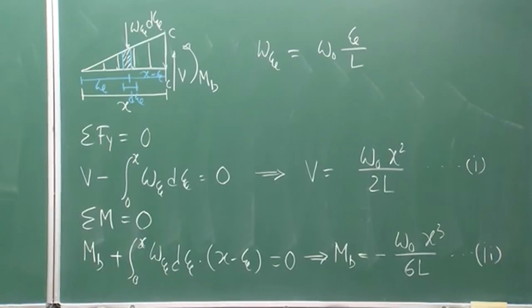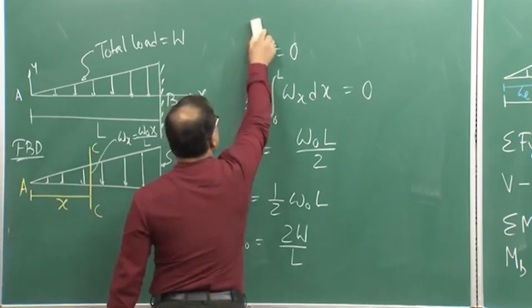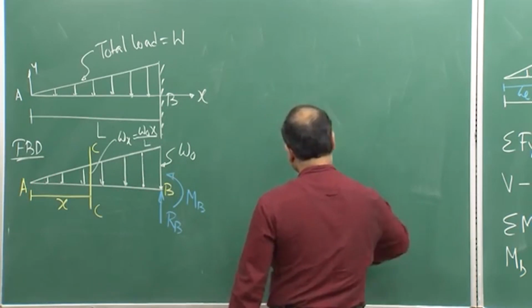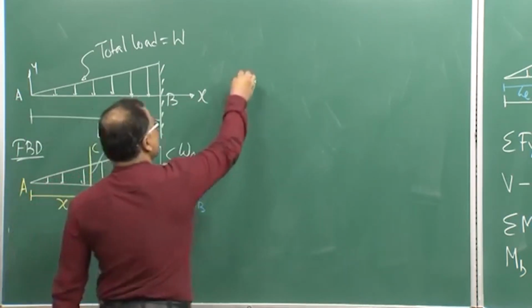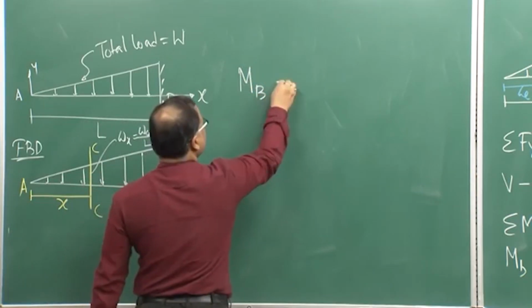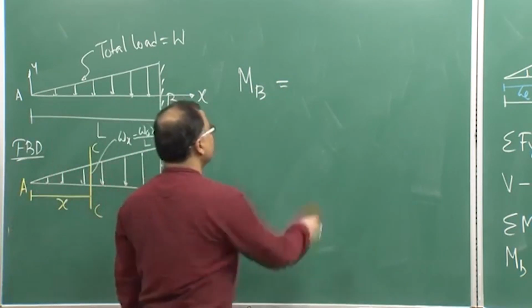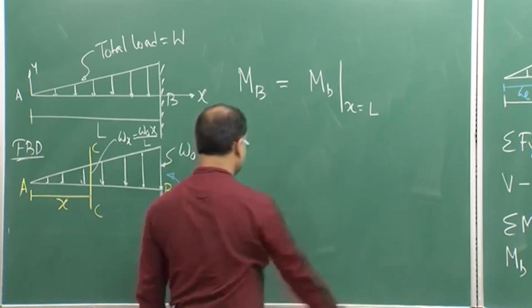So, capital MB means the support reaction. The support reaction, the moment reaction, is nothing but the bending moment at x equal to L, agreed or not.